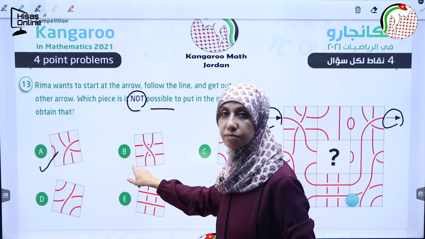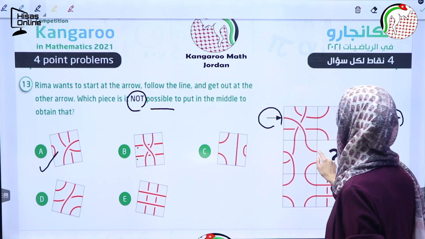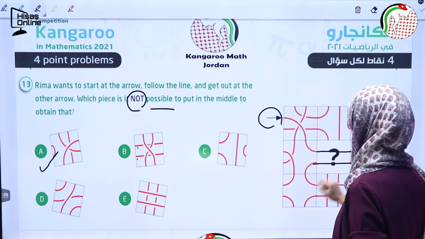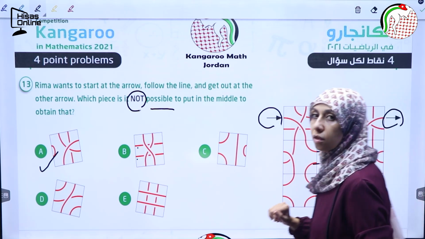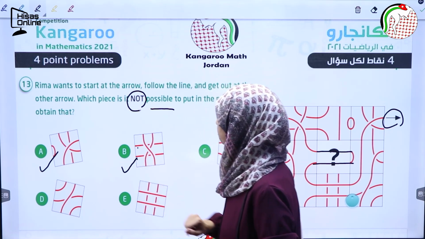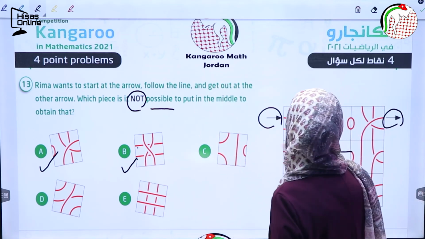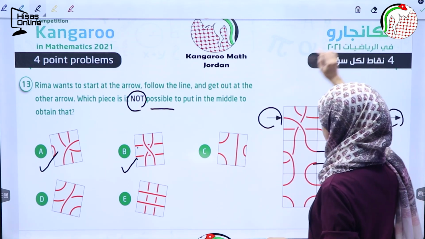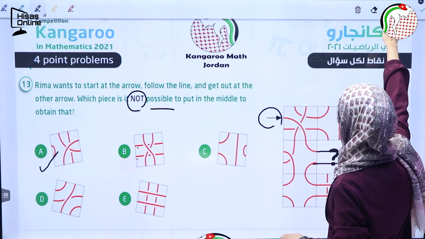Let's see B. In B, I have 2 straight lines here. I can move and make her leave from the other side. That means B is a possible piece. C, I can see in a different way. How?